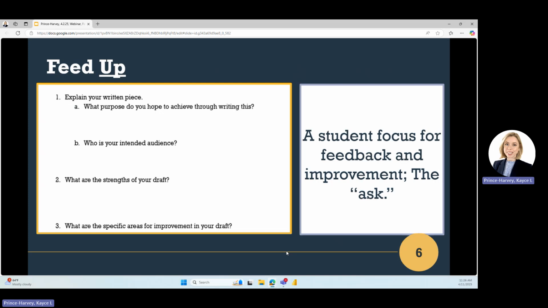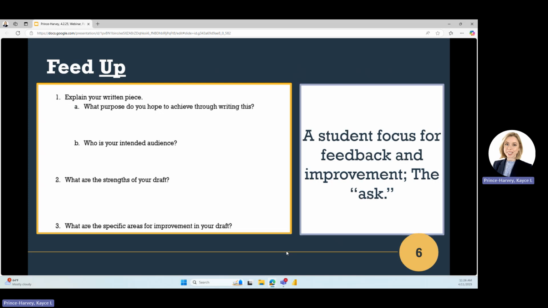So they're coming to that conference with a goal in mind. While the example here provides numbered questions, it could also be turned into a graphic organizer or some other sort of format. The questions could be adapted based on the work that is going to be reviewed and who's reviewing it. So this is just one example of many. So that's our feed up.